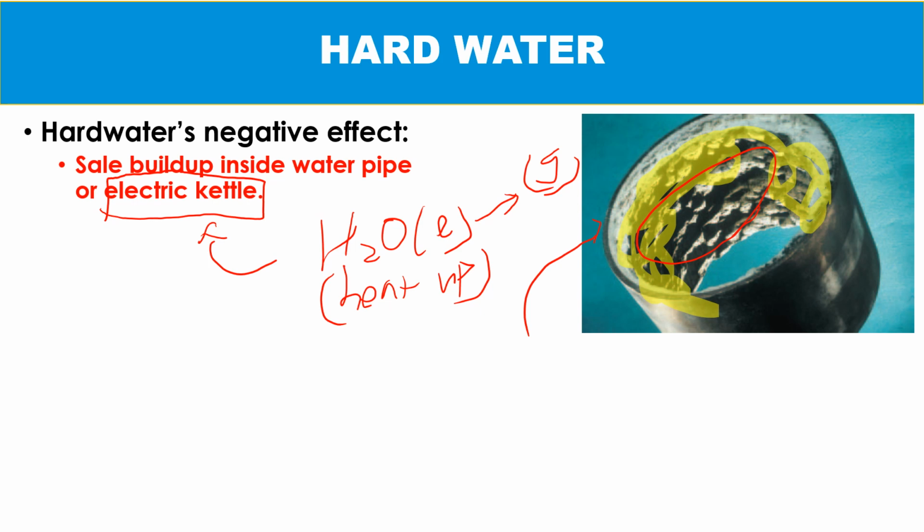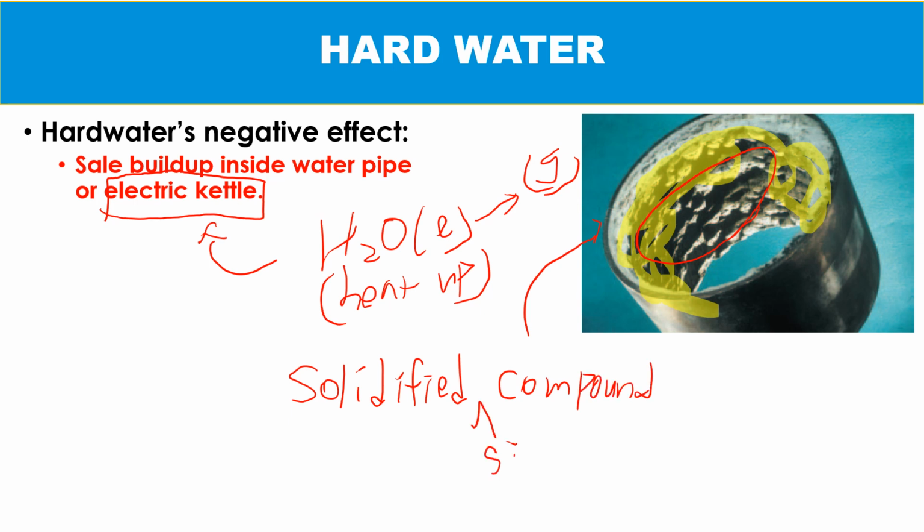Those white buildups are solidified ions that have become simple compounds, like calcium with carbonate. In this case, the one you see on the right side over here is scale buildup inside of the water pipe due to long usage.